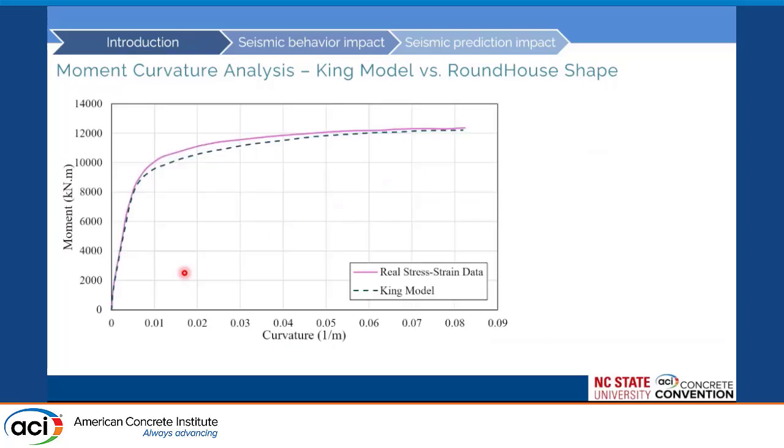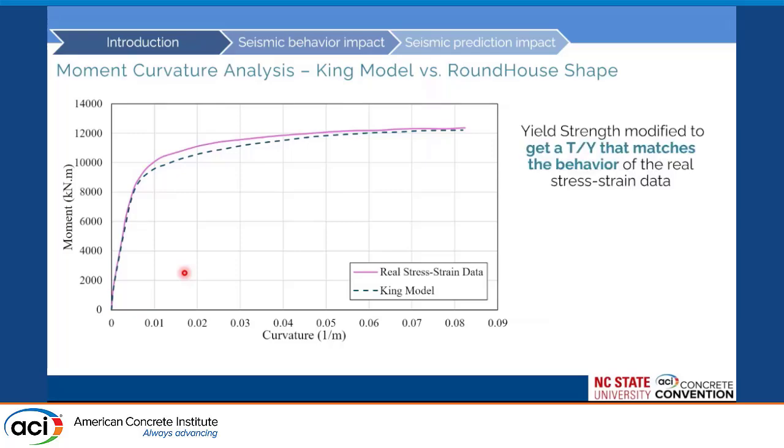The second part of this study was then, okay, how can we fix this problem? How can we address this in a simple manner? This is an example of one combination of moment curvature analysis for the roundhouse curve, which is the pink one, and then using T to Y in the King model, which is the blue dashed line. We wanted to change the T to Y ratio for the dashed blue line to match the pink one.